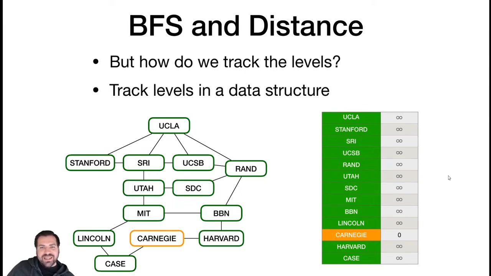All right, so let's take a look at a way that we can actually get that information in our code instead of just being able to visualize it as humans with visual processing centers in our brains. How do we get this to happen inside our computers? For that, I'm going to introduce a new data structure, and for each node, I'm going to keep track of its distance.